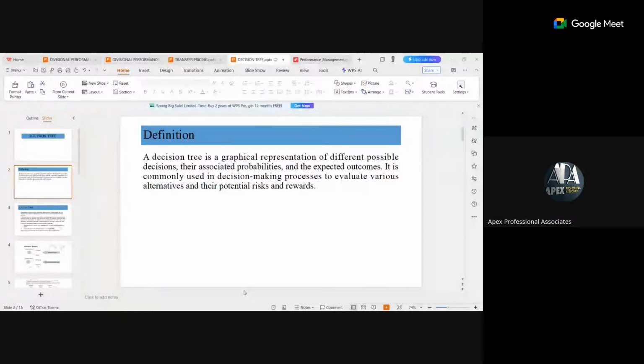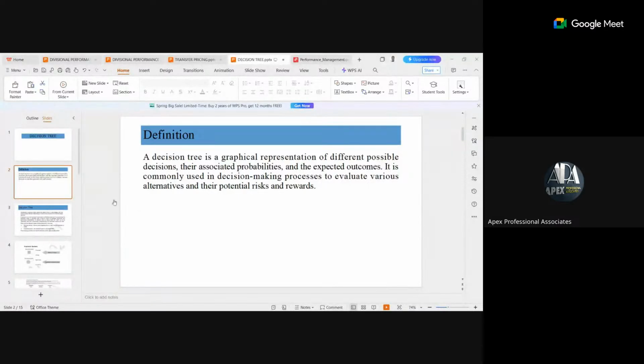So when it comes to decision tree, we use decision tree to handle risk and uncertainty likewise. Now, when you are presented with a question, you need to read critically and see the dimension of the question. In risk and uncertainty questions that involve decision tree, you must identify the possible choices.